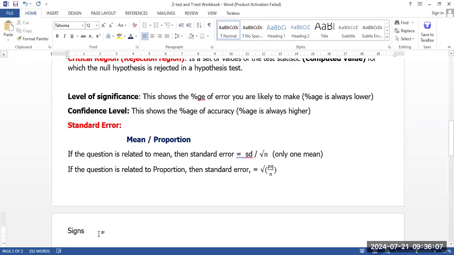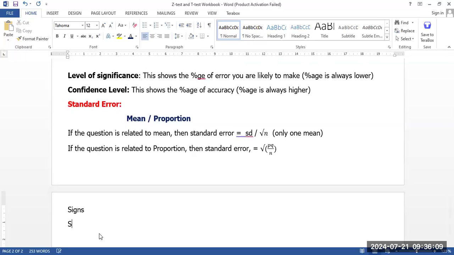If you're talking about sample mean, what is the sign? If you're talking about population mean, what is the sign you should use?